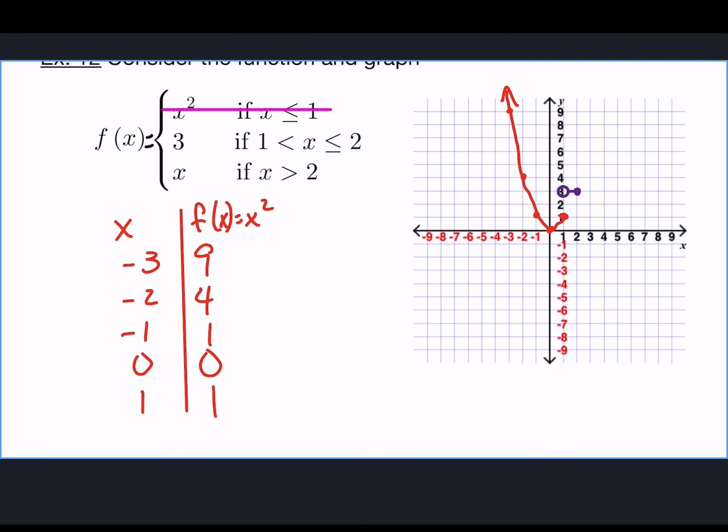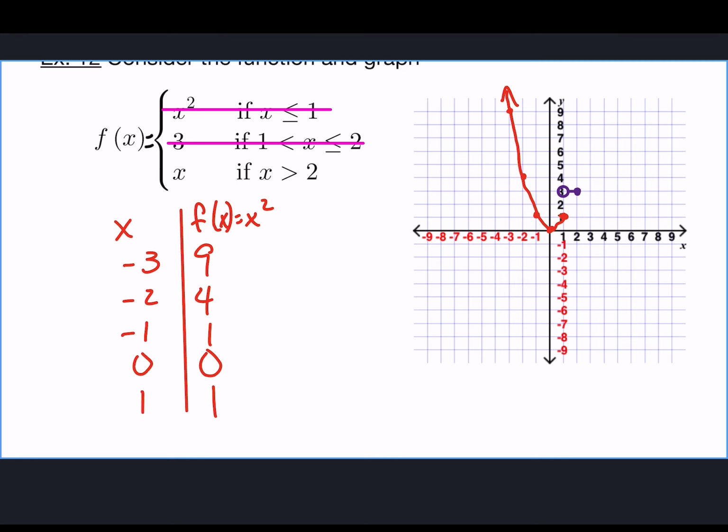And then we know that when x is greater than 2, our y value is the same as our x value. It's equal to x. So 2 is not included, but 3 is included. So when we have 3, it's 3, 3, right?